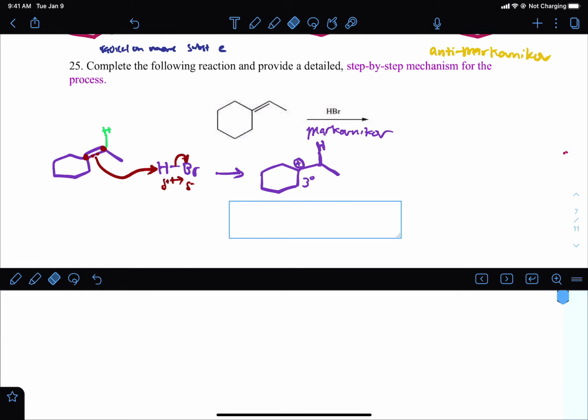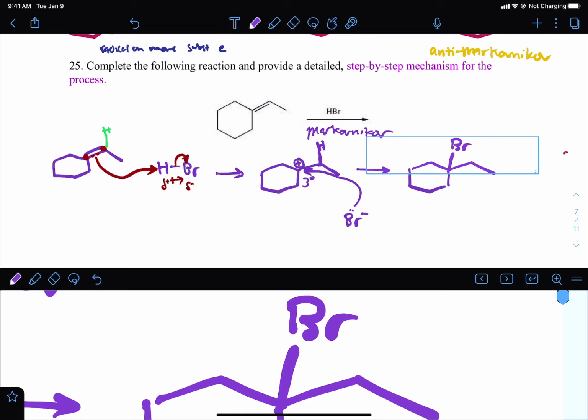So that's the Markovnikov pattern. Okay, that's it for the reaction. It's very simple. It's 2 steps. H protonates, make the most stable carbocation. You know, put the H wherever you need to make the most stable carbocation, and then the bromide attacks the carbocation.